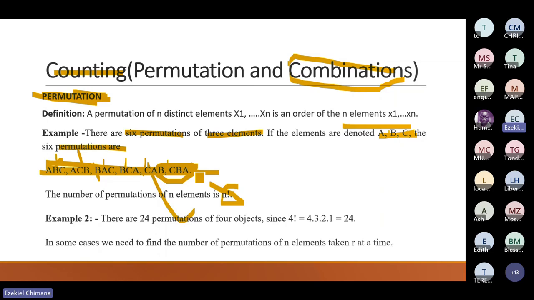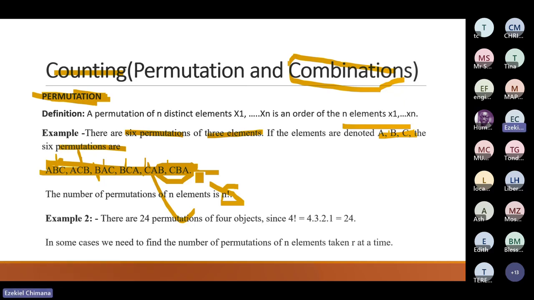We've got another example which says there are 24 permutations of 4 objects. If you are given 4 objects and asked to find the total number of permutations, you calculate the factorial of the total number of the objects.